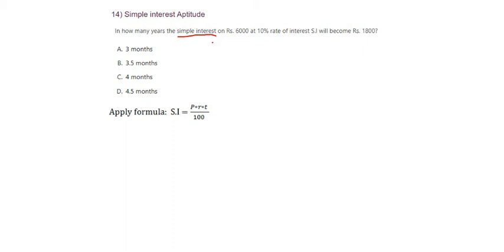They have asked here, in how many years the simple interest on 6,000, which means they have not mentioned that this is your simple interest, so your principal amount will be 6,000 rupees, and your rate of interest, that is your R, which is already divided by 100, is 10 by 100.